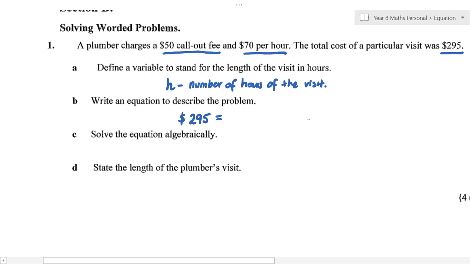Now, if he charges $50 for a call out, I'm just doing this in dollars just so it makes sense, $50 plus $70 per hour. So if I was to multiply that 70 times H, then that's the equation. An equation has an equal sign. I noticed I was walking around the room and quite a few of you just had the right-hand side of the equation. Well, that's not an equation because it doesn't have an equal sign.